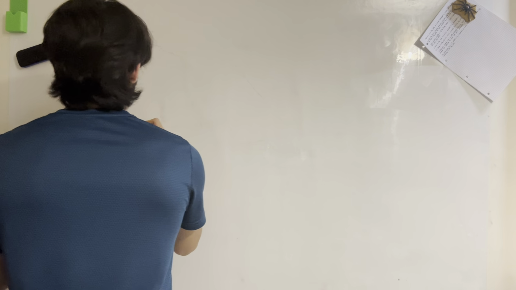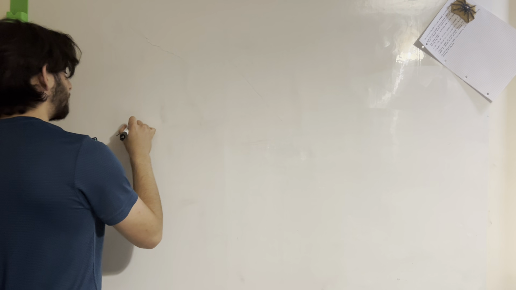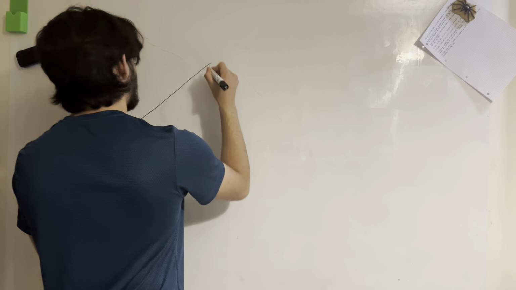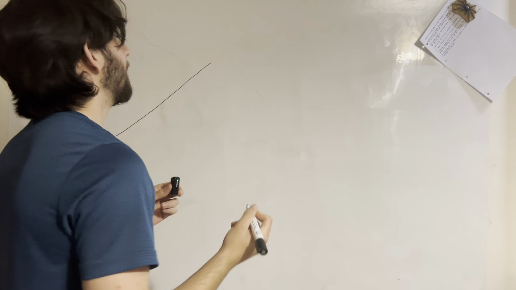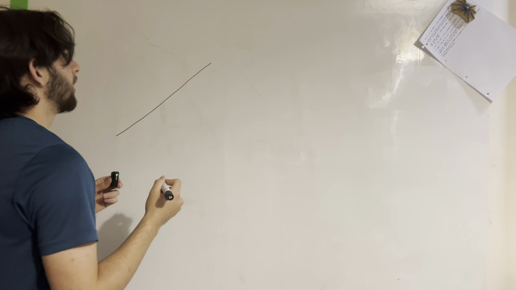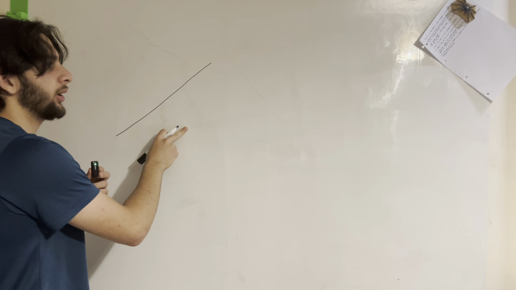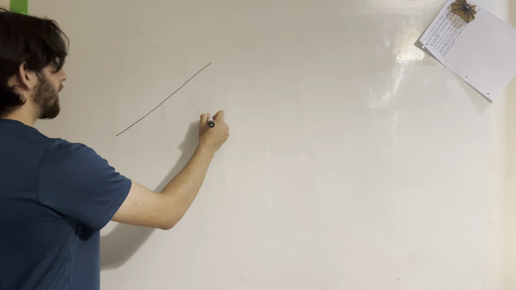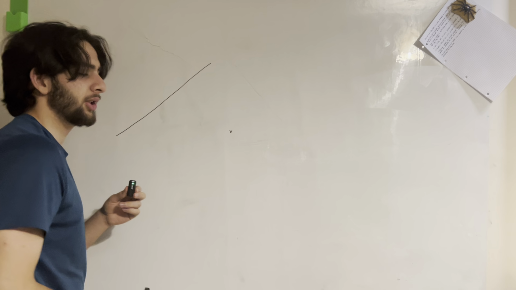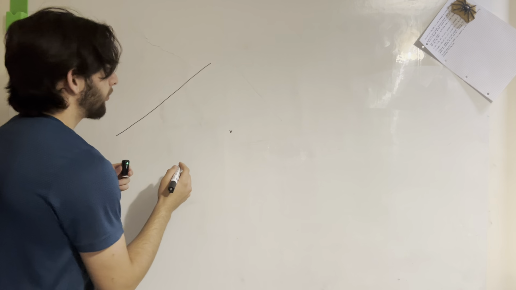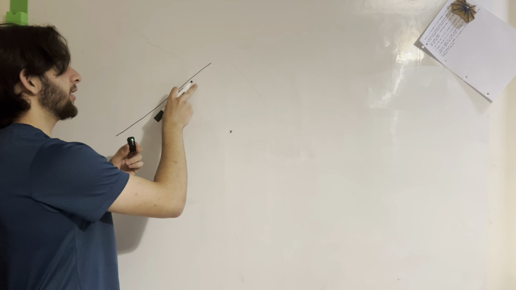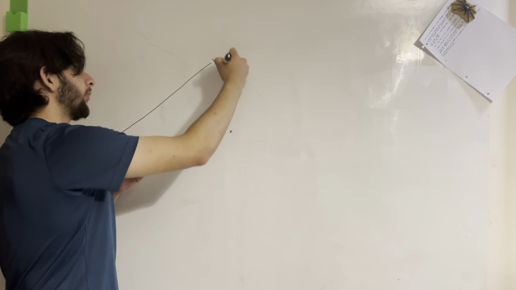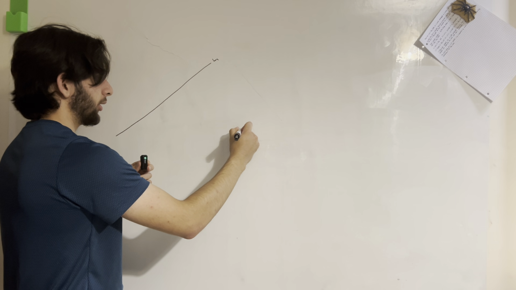The question is, if I have a line in, maybe even n-dimensional space, but for now I'm going to consider just two-dimensional space over here, and I have a point somewhere in this two-dimensional space, then what's the shortest distance between this point over here and this line? And let's call this point P.